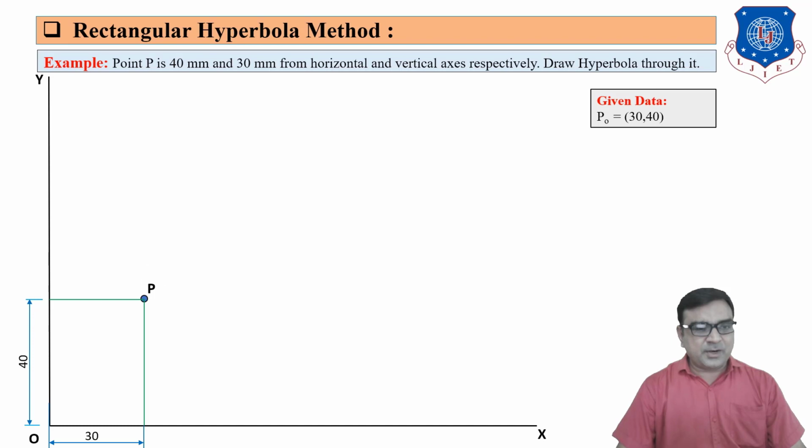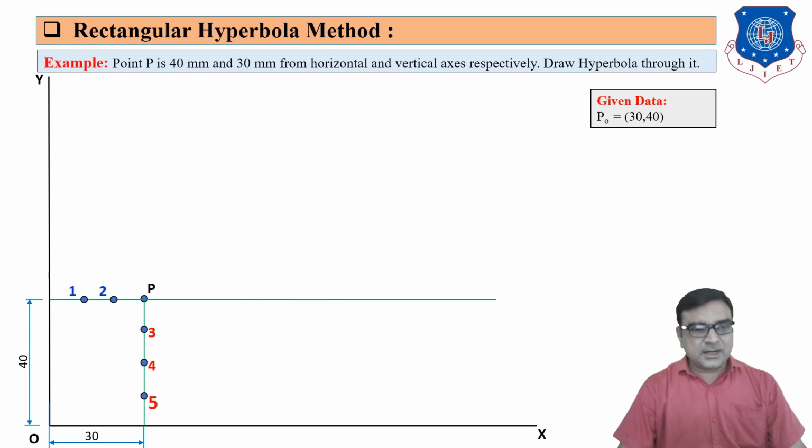This is our point P and we want to draw the rectangular hyperbola which is passing from this particular point. For that, you have to take 1, 2 points on this horizontal line and 3, 4, 5 in this vertical line.